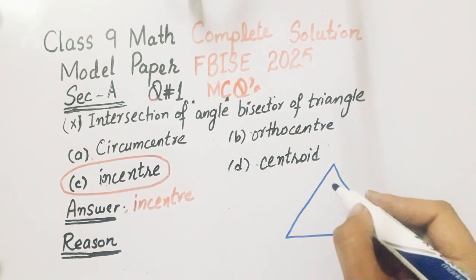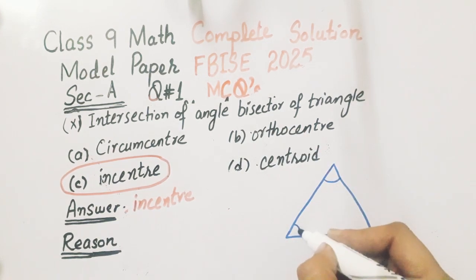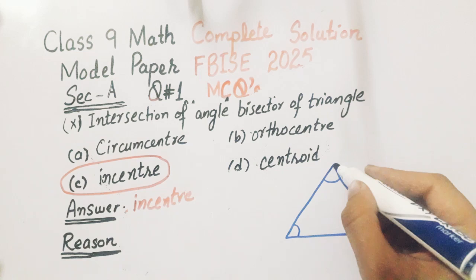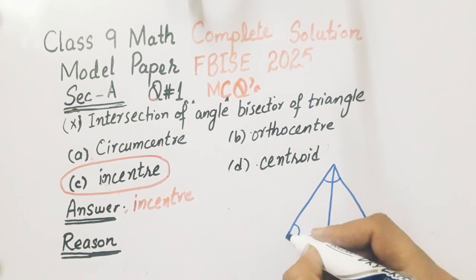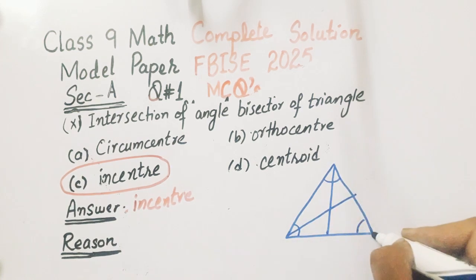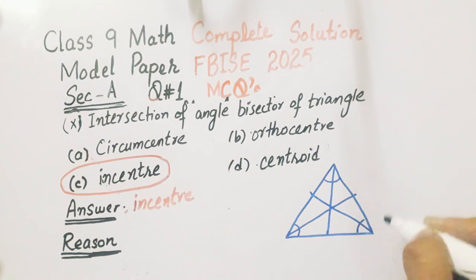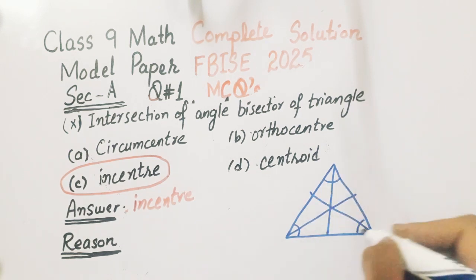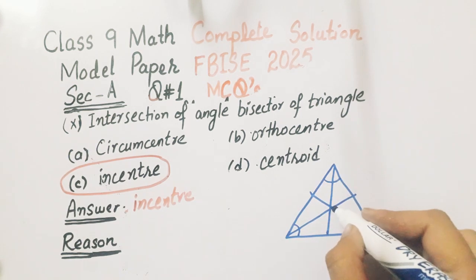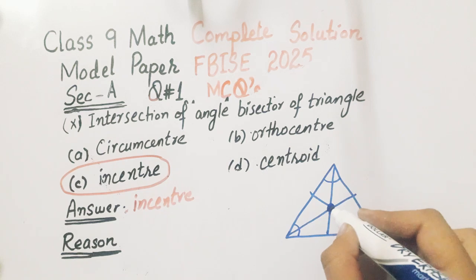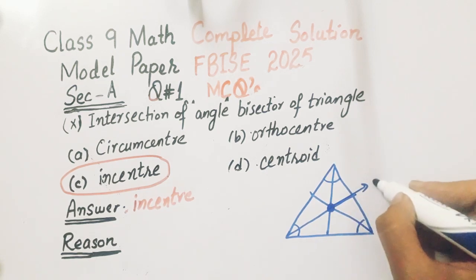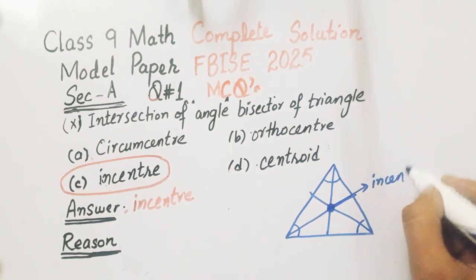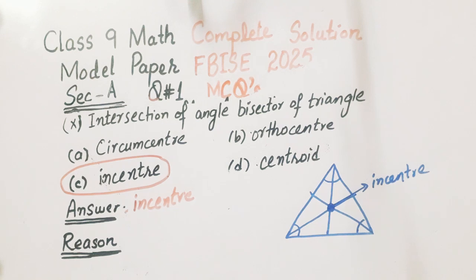And the angle bisector means these are the three angles. And all three angle bisectors meet at a common point. So this point is called incenter.